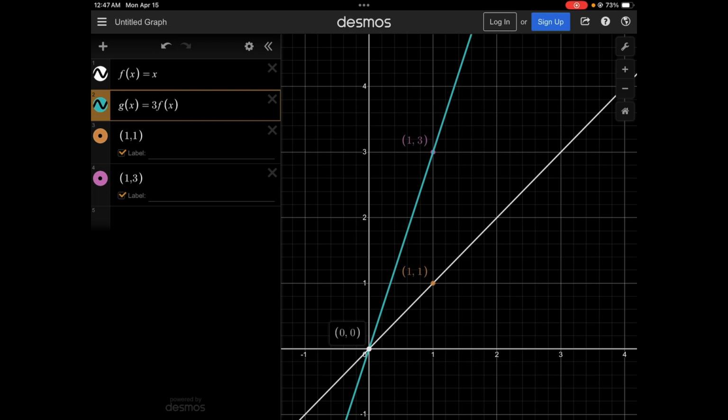You may ask, why do you multiply the height and not the width? Well, the 3 doesn't multiply x directly. It's outside of the parenthesis.